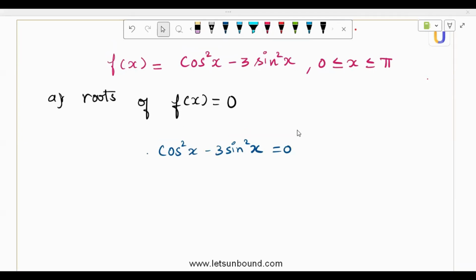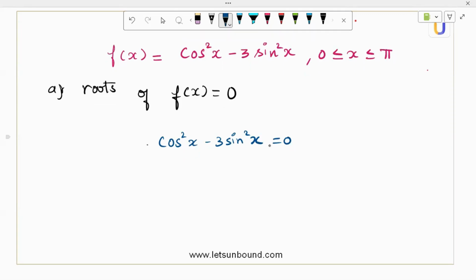Here I'm going to change it completely into cos. So we know the identity sine squared x plus cos squared x equals 1. So sine squared x can be replaced with 1 minus cos squared x.